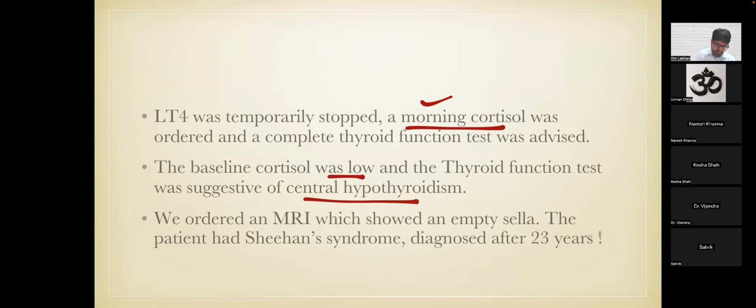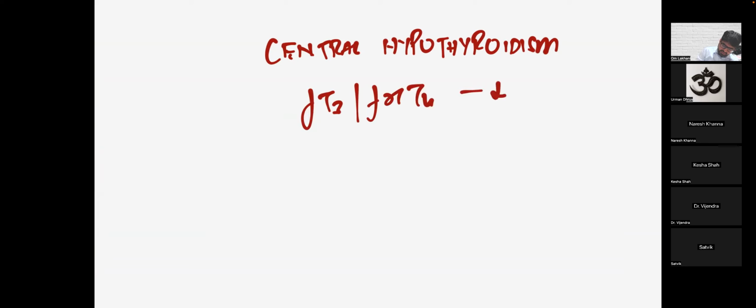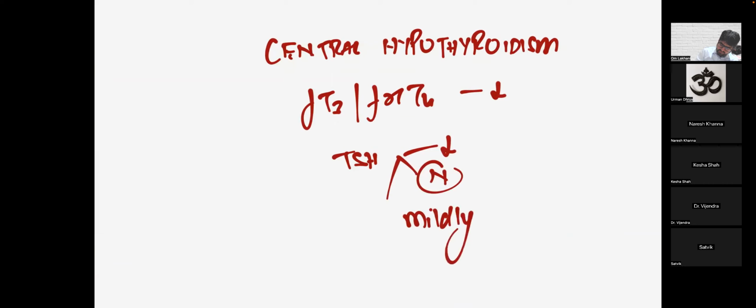So if you can recall from the last lecture, when do you think of a central hypothyroidism? Think of central hypothyroidism when you have free T3 and free T4 which are low, and TSH can be low, can be normal, or mildly elevated. And if you remember from the last lecture, the elevated TSH is typically less than 20.